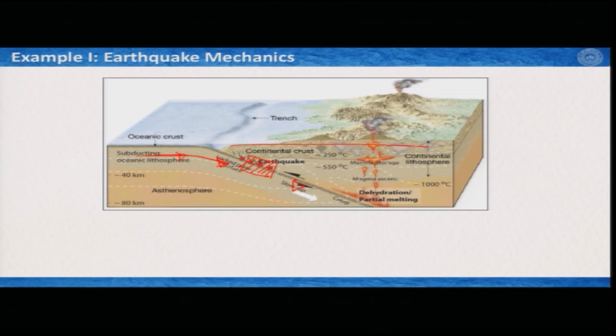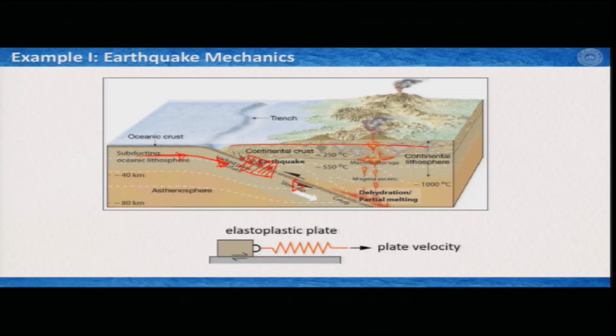Now, this we can very simply model using this elastoplastic rheology. I just remind you that the actual process or microphysics of the earthquake is extremely complex, and it's not always advised to explain it using this model, but this is the simplest way you can explain the earthquake mechanics in a rheological context.